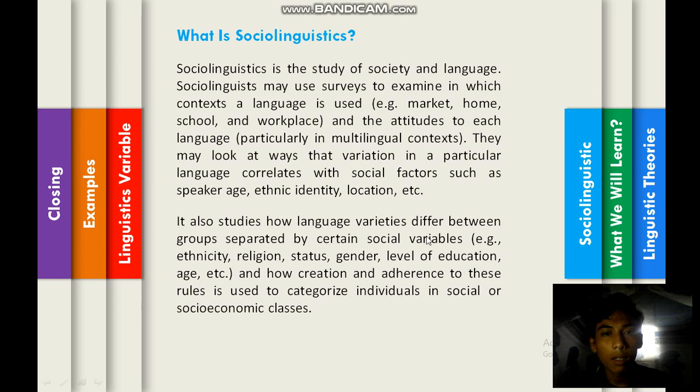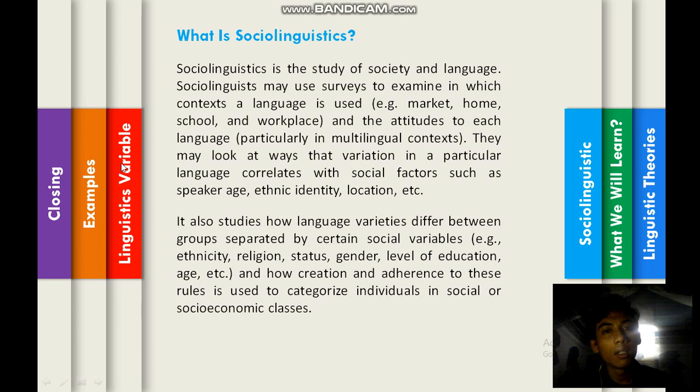So we can understand what they are trying to say with sociolinguistics, actually, when we are from different countries or something like that.